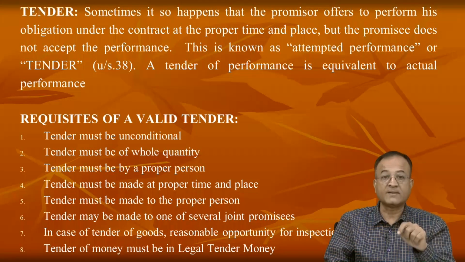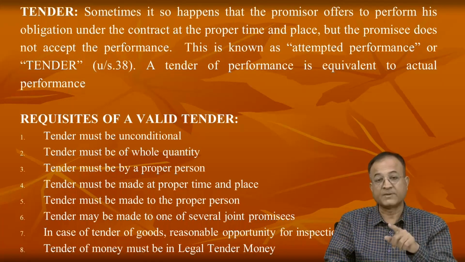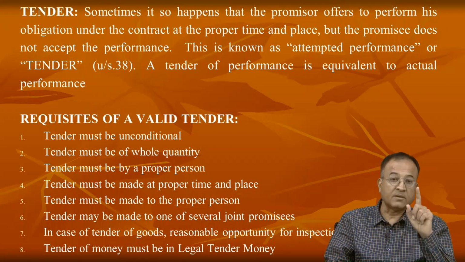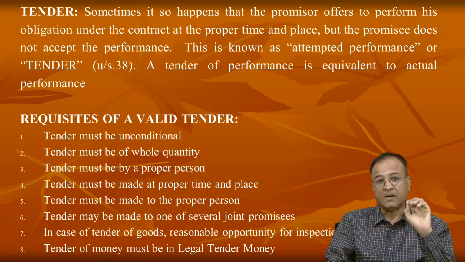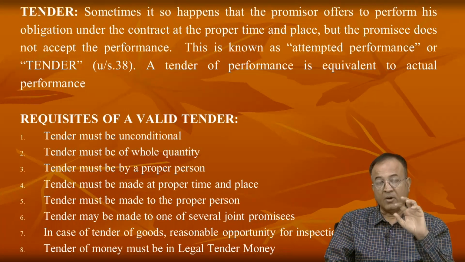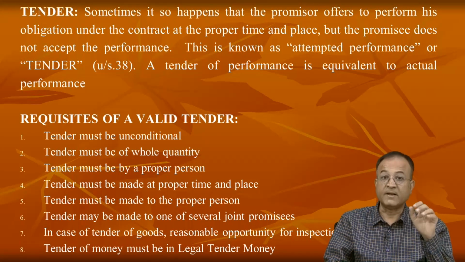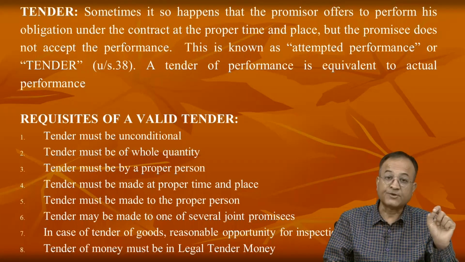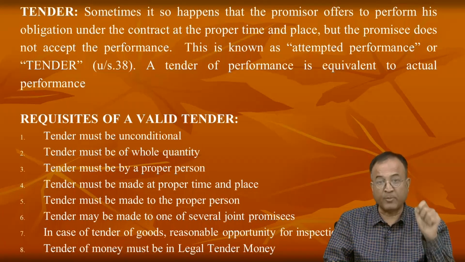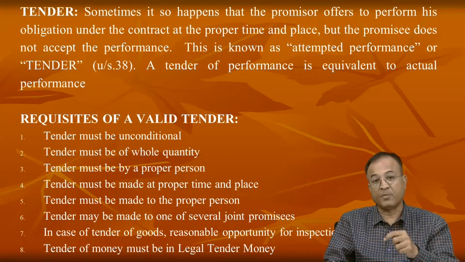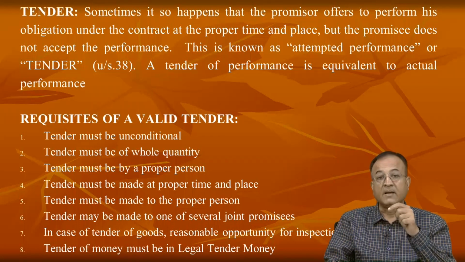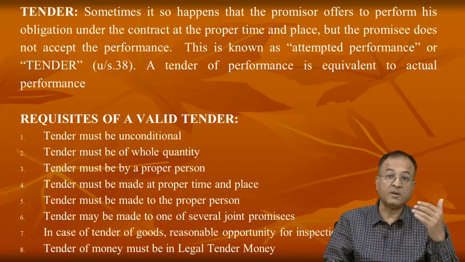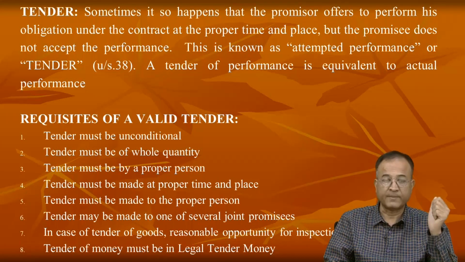This is known as attempted performance or tender under Section 38. A tender of performance is equivalent to actual performance. It excuses the promisor from further performance and entitles him to sue the promisee for the breach of contract.